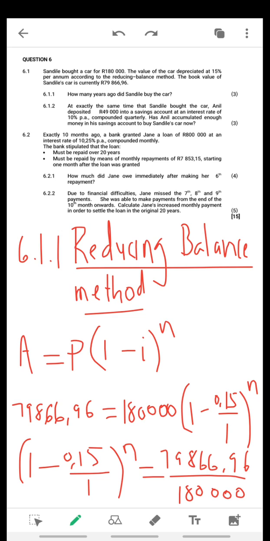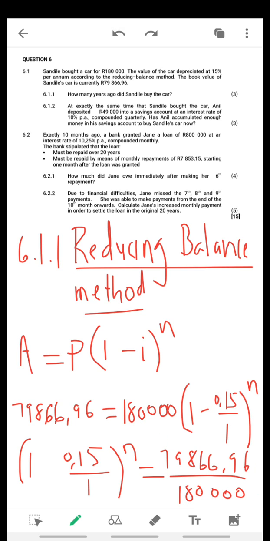Our I is 15%, which is 15 over 100 or 0.15. We are looking for N, hence N is an unknown. Now we divide both sides by 180,000, and then we can apply our logs.